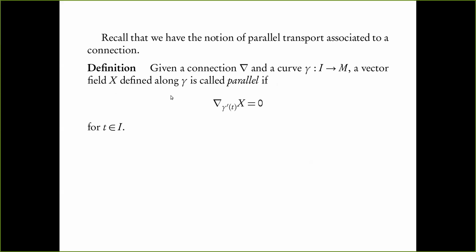The vector field is not necessarily a global vector field, but X is a smooth vector field along gamma, which means for every point gamma t, I have a vector X of gamma t, which is a tangent vector at gamma t. That's what a vector field X along gamma is. So you declare this vector field to be parallel if this quantity is 0, for all t.